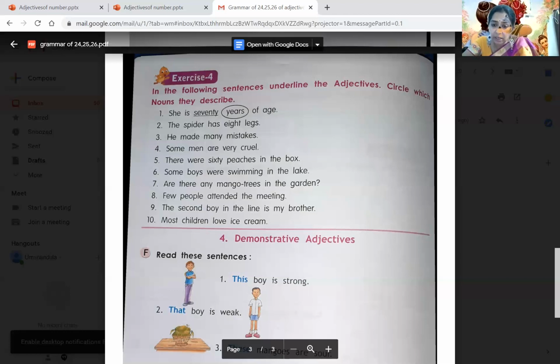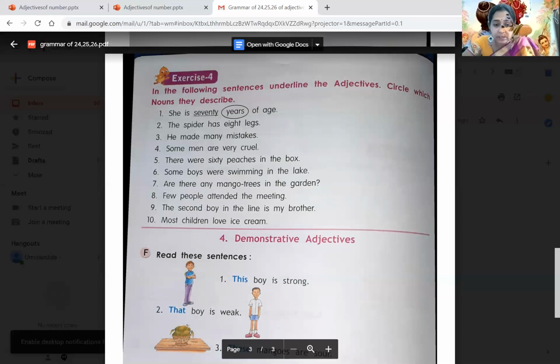Although it is not given in the textbook, there are cardinal adjectives and ordinal adjectives too. Just giving the information. So second boy, second will be underlined, boy will be circled.